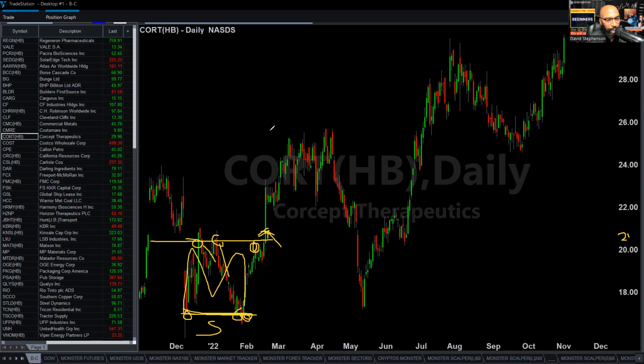Okay, so right about here. Very good, that's resistance. And then where would support be? So resistance right here, where would support be? 24? So 24 would be right in here.